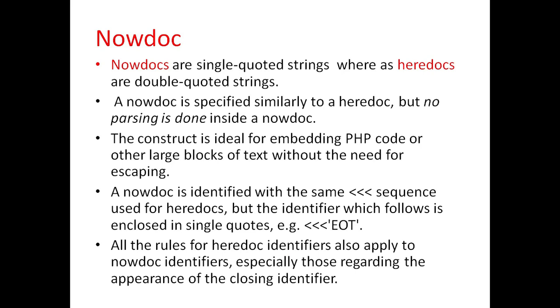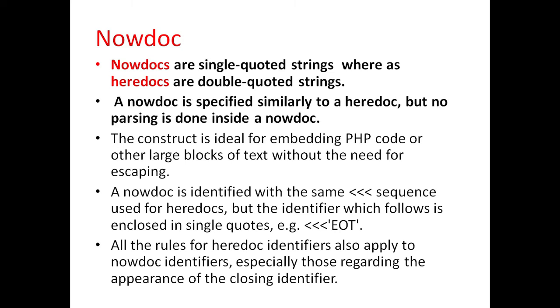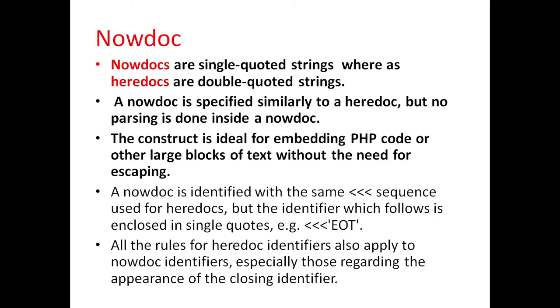Next we will see nowdoc. Nowdocs are single quoted strings, whereas heredocs are double quoted strings. A nowdoc is specified similarly to heredoc, but no parsing is done inside a nowdoc. The construct is ideal for embedding PHP code or other large blocks of text without the need for escaping.